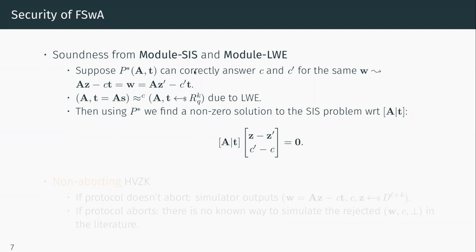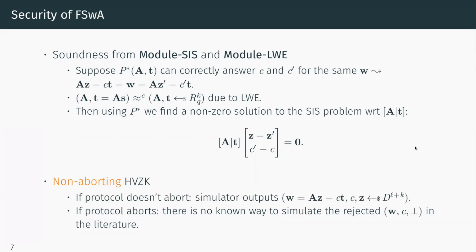And then, thanks to this equation, if the prover can answer 2 different challenges using these 2 transcripts, you can actually construct a solution to the SIS problem for the instance matrix A concatenated with T. So here again, T is uniformly random, so this can actually be regarded as an instance of the SIS. So that's the idea of the identification.